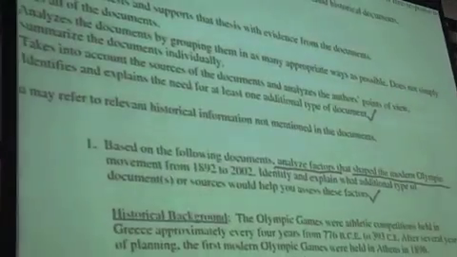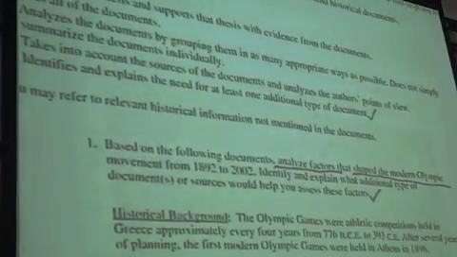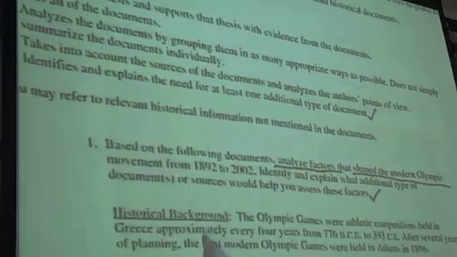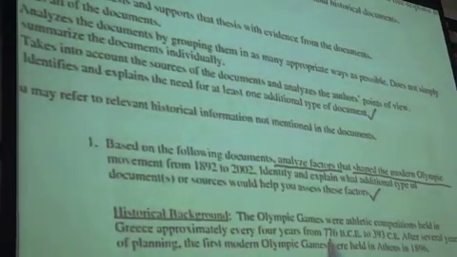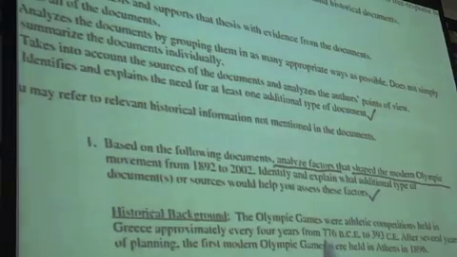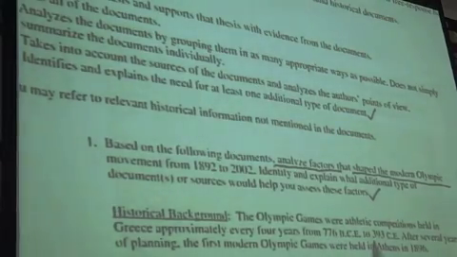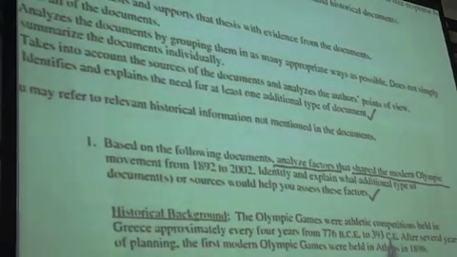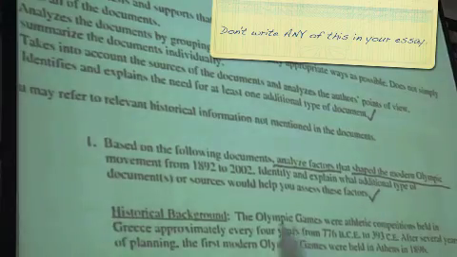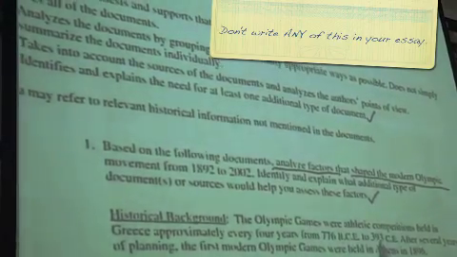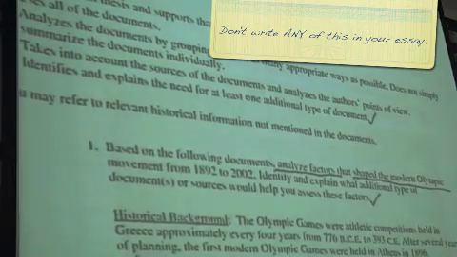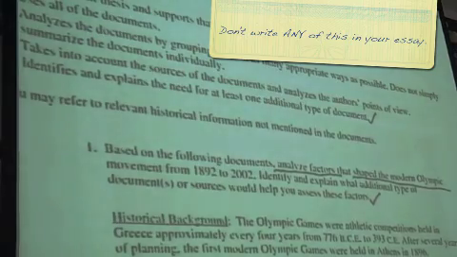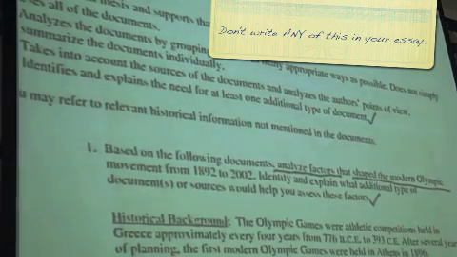The historical background says the Olympic Games were athletic competitions held in Greece approximately every 4 years from 776 BCE to 393 CE. So this was in ancient Greece, until the fall. It says, after several years of planning, the first modern Olympic Games were held in Athens in 1896.